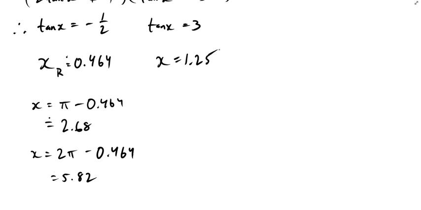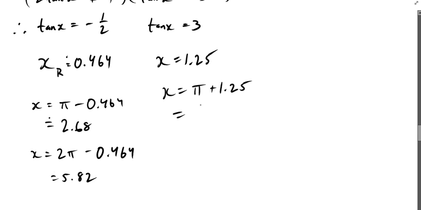And then I can add pi to that because that's going to be my first quadrant. So pi plus 1.25 should give me 4.39. And I'm just going to summarize here.